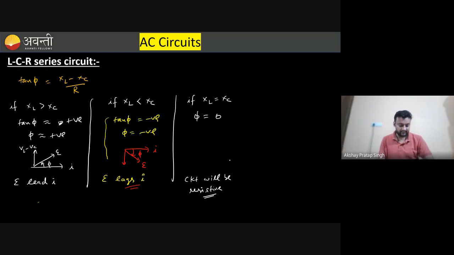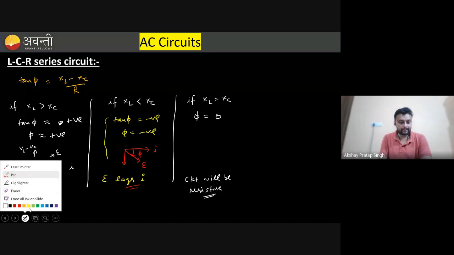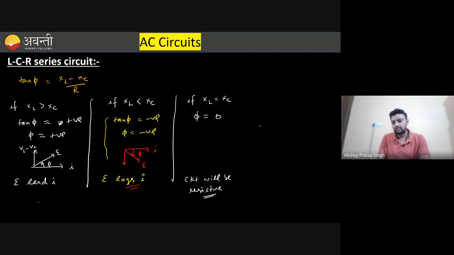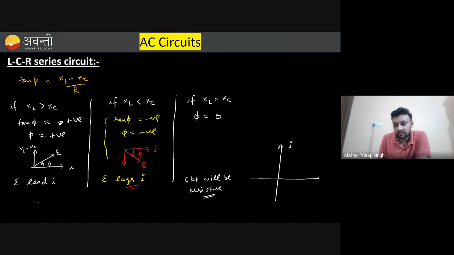Okay, one more thing that I will discuss. For that, you need to be very much focused here. My aim is to draw the graph of current versus omega, like how current varies with omega.